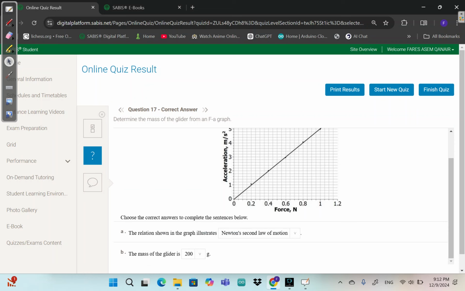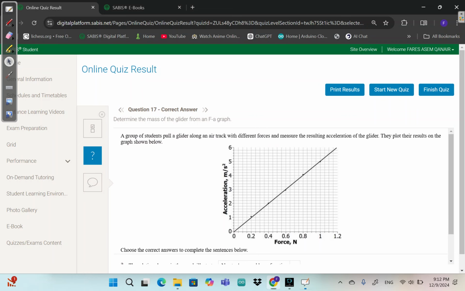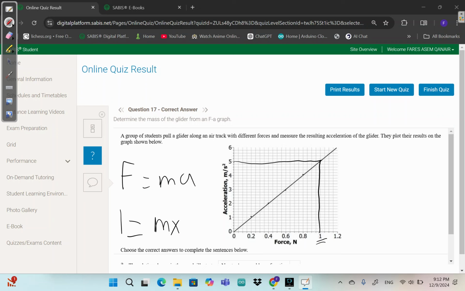Now the mass of the glider is what? So we're going to use our rule, which is F equals ma. We can take any point on the graph. Let's say a point here where force is 1. So 1 is equal to mass, which we don't know yet, times acceleration. When force is 1, acceleration is 5.